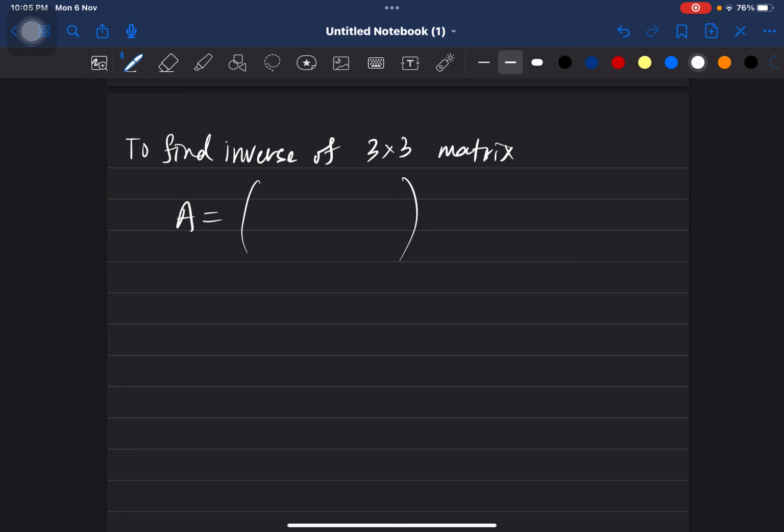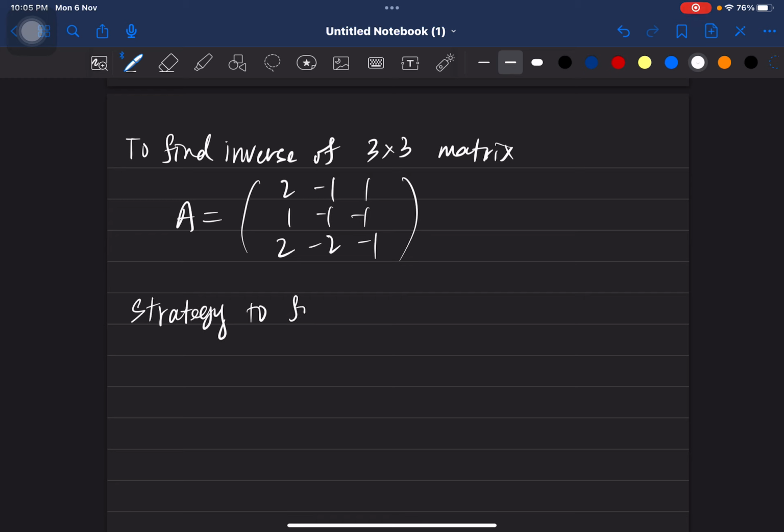For example, this, how do we find the inverse for this? There's no formula. We don't learn any formula to find the inverse of a matrix. So in order to find the inverse of the matrix, we use a strategy, which is the ERO, elementary row operation.